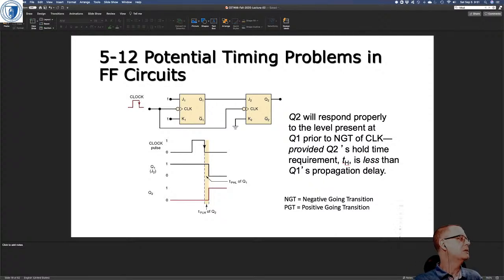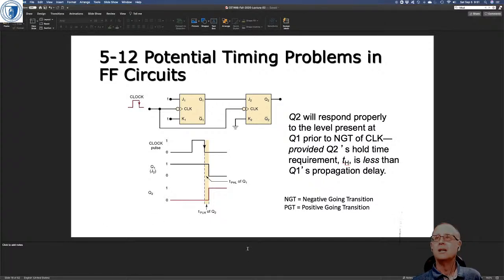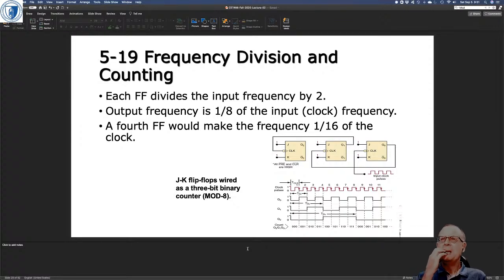Let me just pull that up here. Okay, so here's another picture, and here we've got 3 flip-flops connected together as a counter, or sometimes you call it a frequency divider.